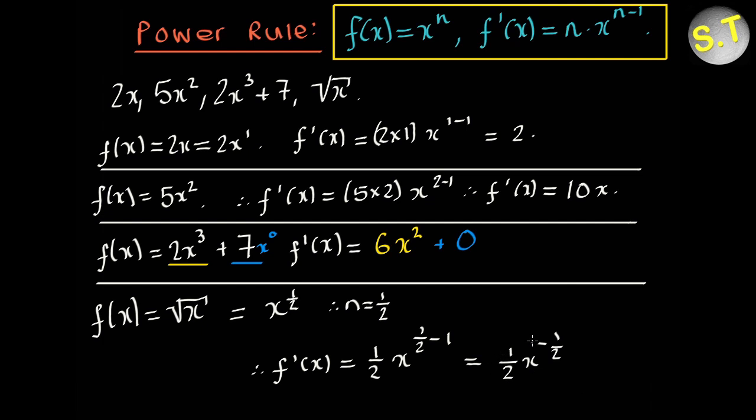And anything to the negative power is the same as writing 1 over that same thing to its positive power. So this is the same thing as 1 over 2 square roots of x, which is exactly what we got when we did it by first principles.